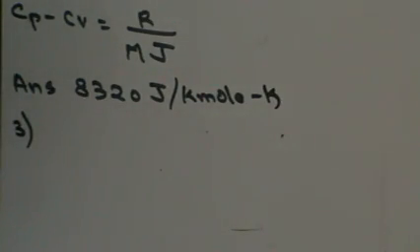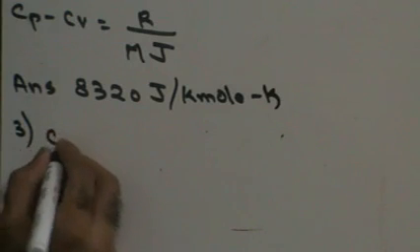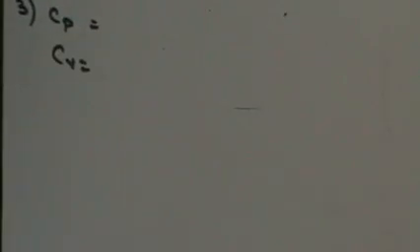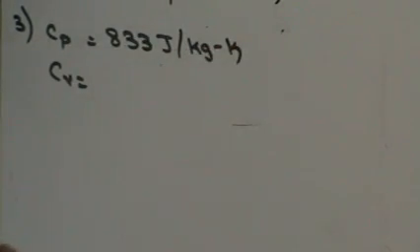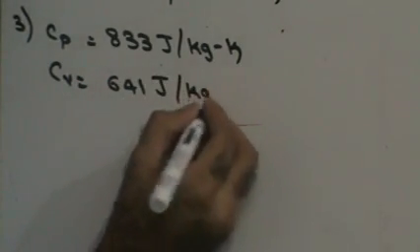Next, the principal specific heat of carbon dioxide at constant pressure and constant volume is 833 joules per kg Kelvin and 641 joules per kg Kelvin.